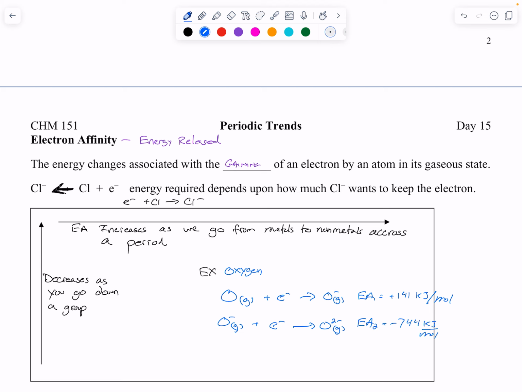So if you look at both steps, it's very exothermic, very negative energy, energy is released when oxygen gains 2 electrons. Sometimes you look at the trends and think oxygen likes to be negative, but the first EA is actually positive. What's going on? Well, it's more than one process. It's the overall process we're talking about. So that's electron affinity, energy change associated with gaining an electron.